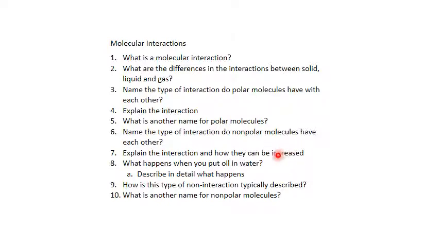And when that happens, it forces the oil molecules together. Just like we said up here, when you force nonpolar molecules together, they end up liking each other. So when water forces the oil together, because it's trying to get to itself, it lets the oil molecules like each other better, and they stick together a lot better.